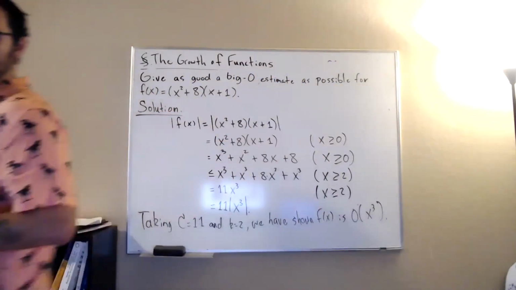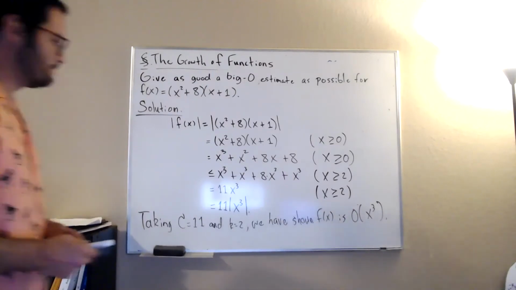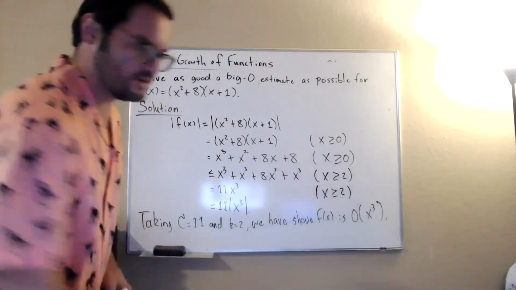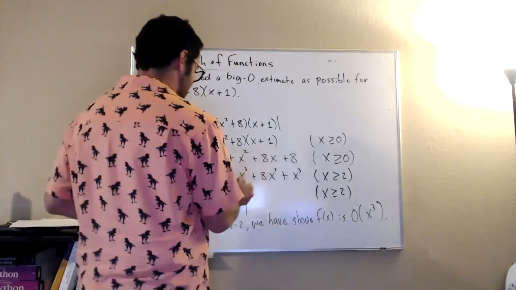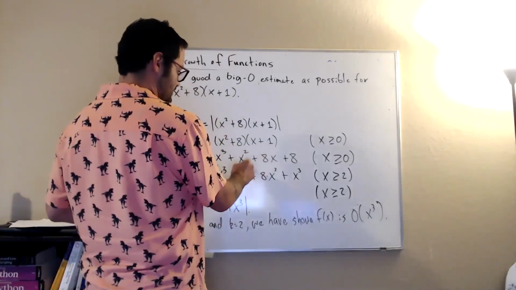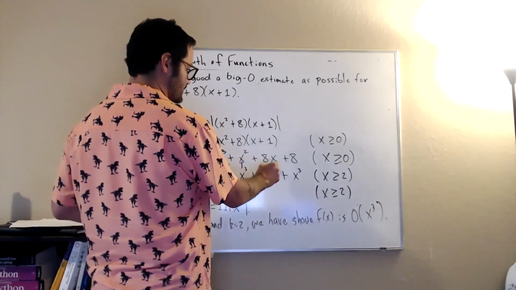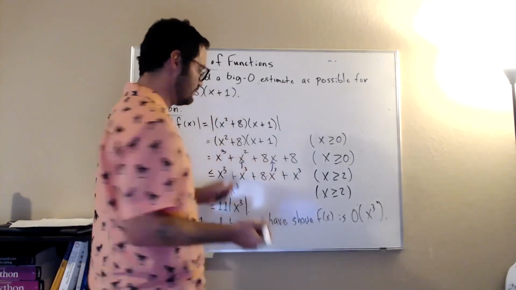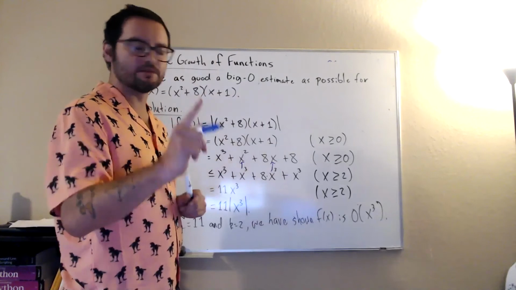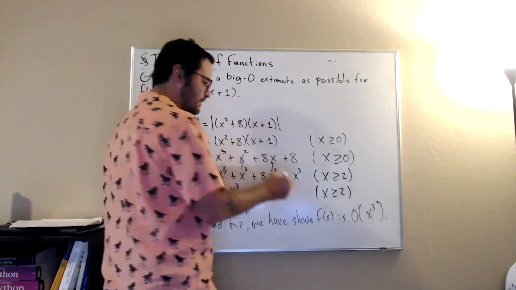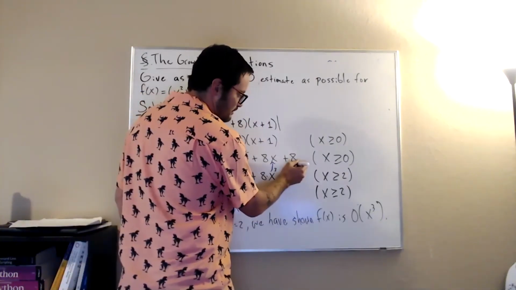How did you get the 2? Why did you choose 2? Because I wanted x cubed to be greater than or equal to that, which would happen if x was greater than or equal to 1. But then I also wanted x cubed to be greater than or equal to 8.